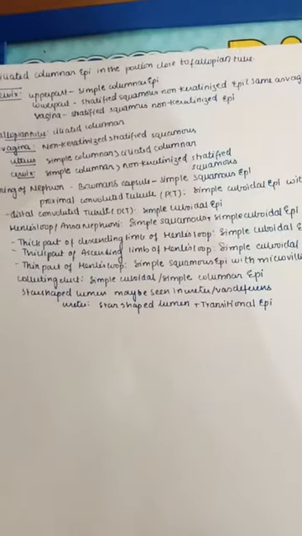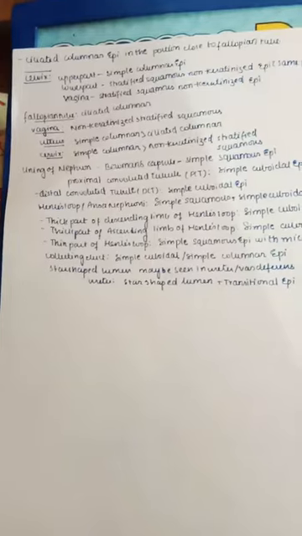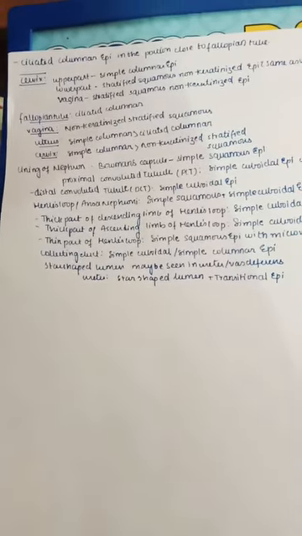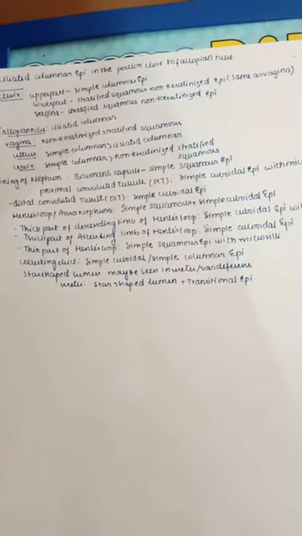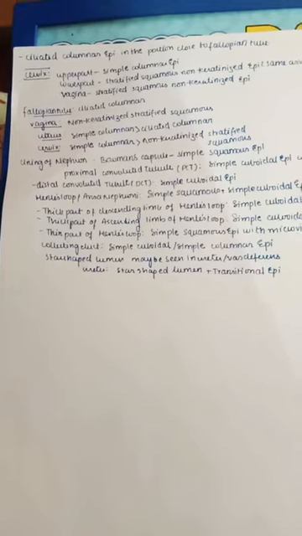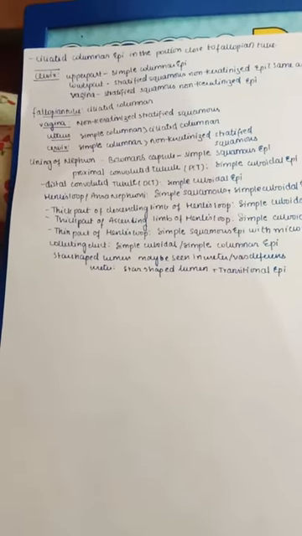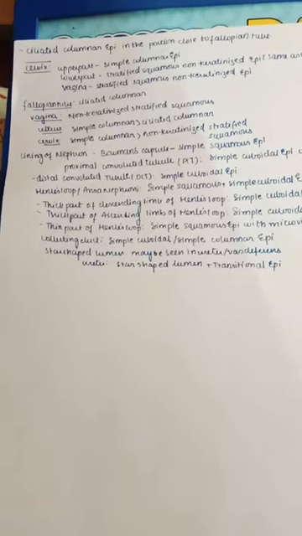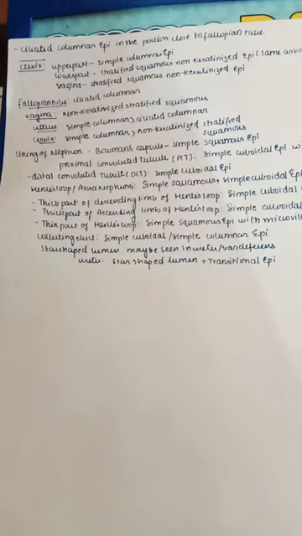The cervix upper part is simple columnar and the lower part is stratified squamous non-keratinized, same as the vagina. So the vagina is stratified squamous non-keratinized, the fallopian tube is ciliated columnar, the uterus has simple columnar greater than ciliated columnar, and the cervix has simple columnar greater than non-keratinized stratified squamous.